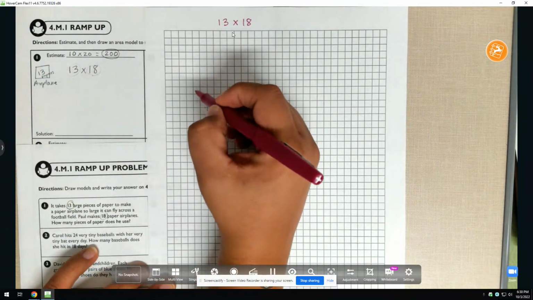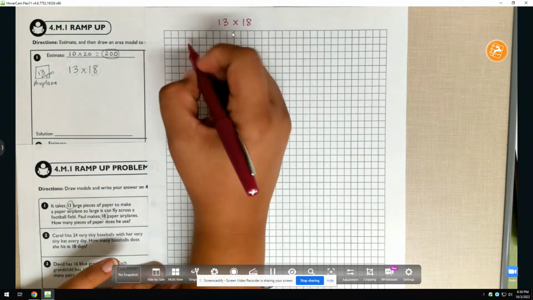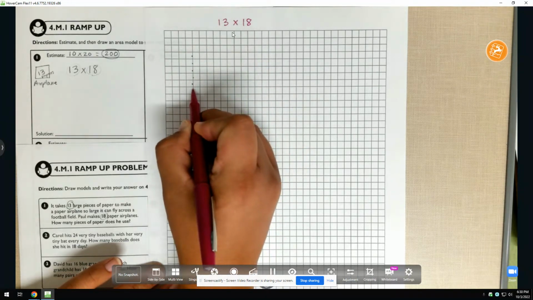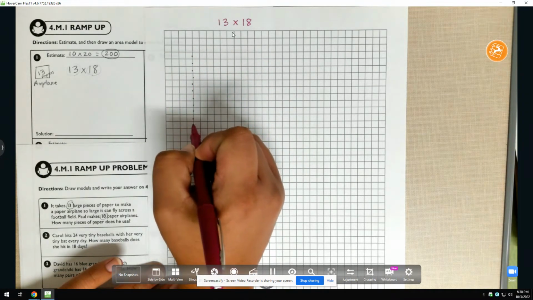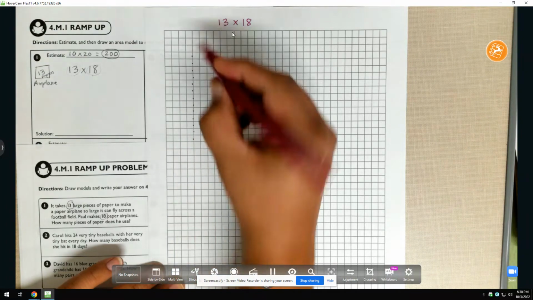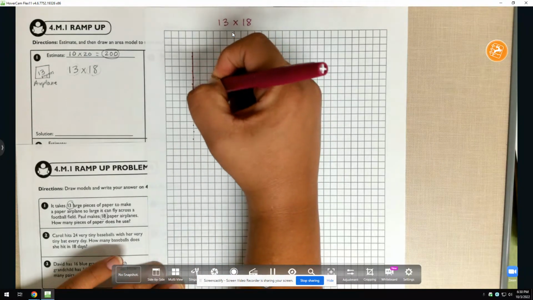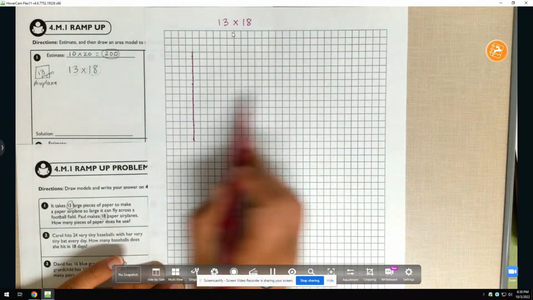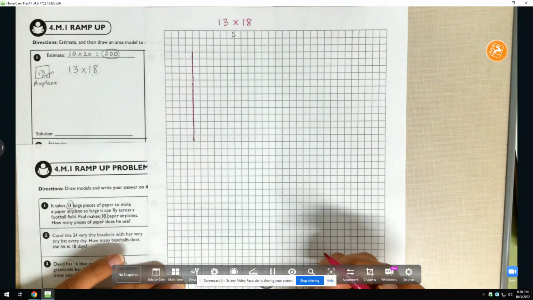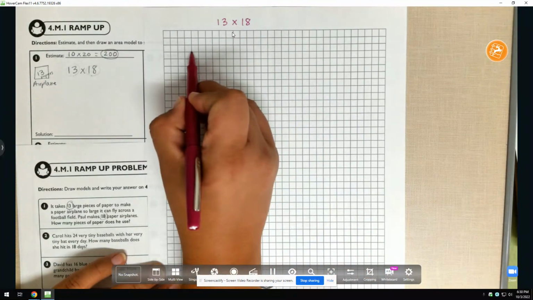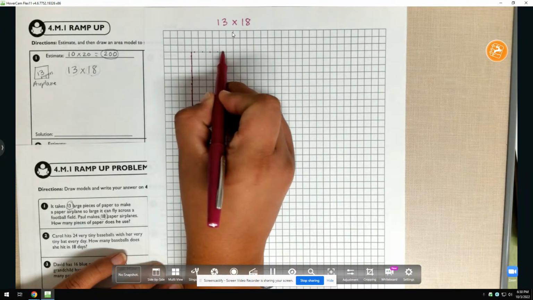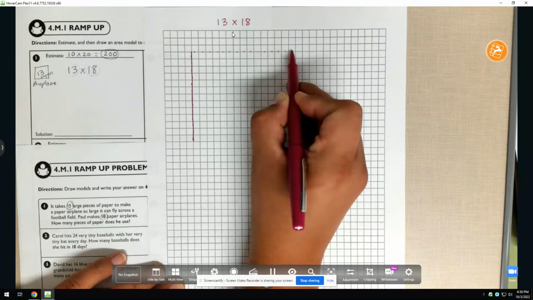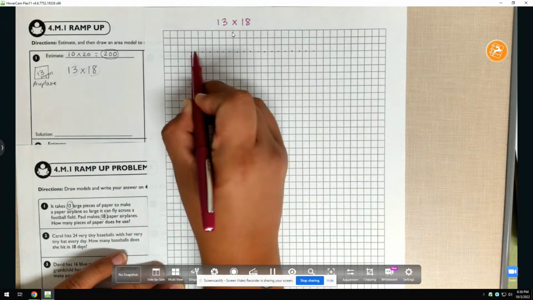I'm going to find 13 rows and 18 columns. 1, 2, 3, 4, 5, 6, 7, 8, 9, 10, 11, 12, 13. So I have 13 rows, and I need to have 18 columns, or 18 in each row. 1, 2, 3, 4, 5, 6, 7, 8, 9, 10, 11, 12, 13, 14, 15, 16, 17, 18.